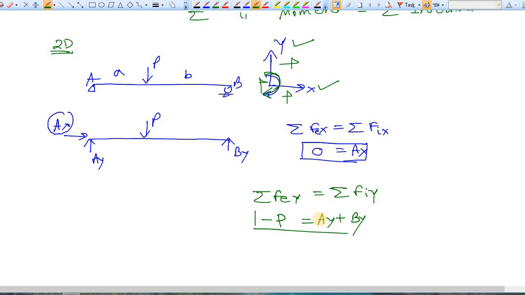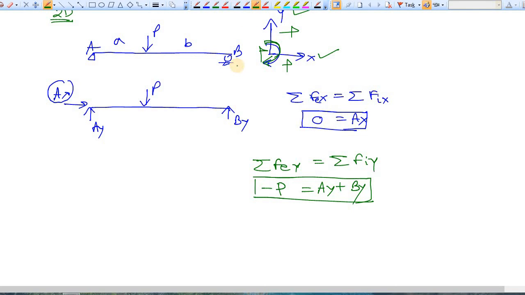This is one equation. Okay, now the third one: to maintain equilibrium of rotation about the Z axis, the external moment about the Z axis is equal to the internal moment about the Z axis. Here there is no applied external moment.